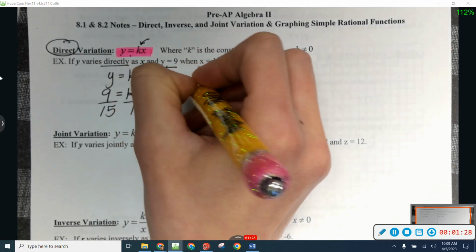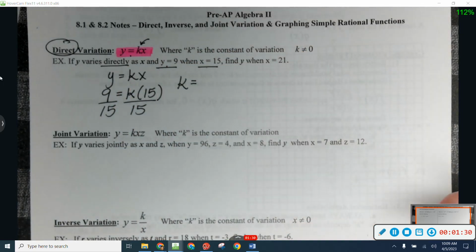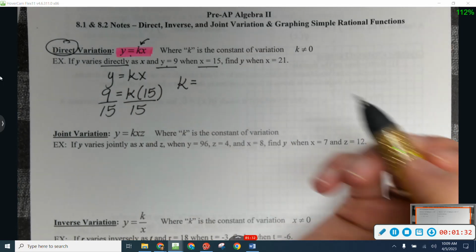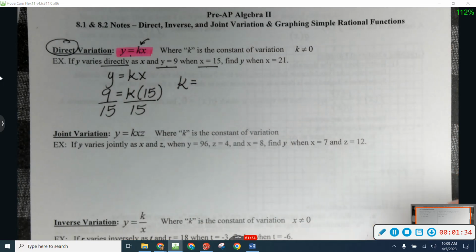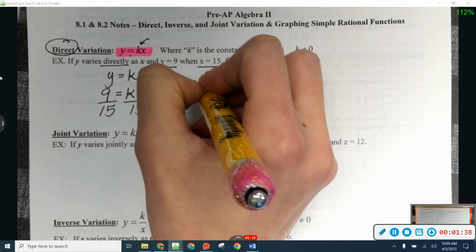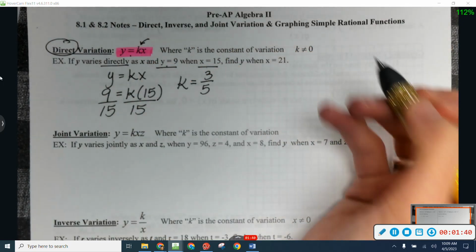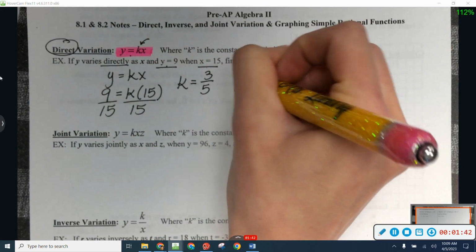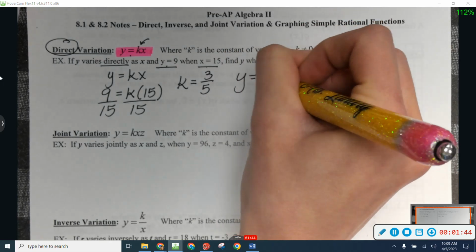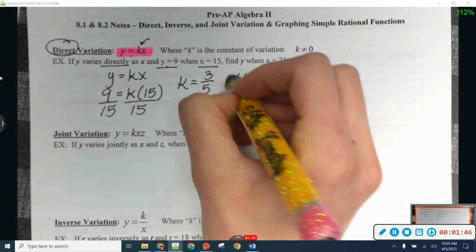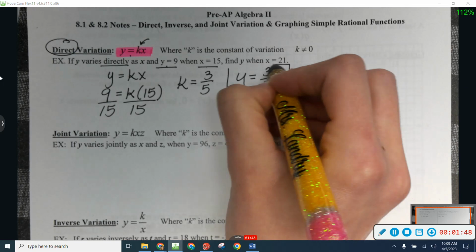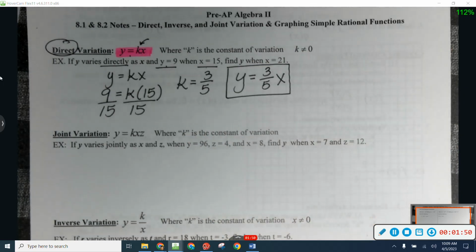So k would equal 9 over 15, which simplifies to what? 3 over 5. Alright, so my equation is y equals 3/5 x. I want to see this before you plug in that 21. Okay, that's going to be half of your answer.